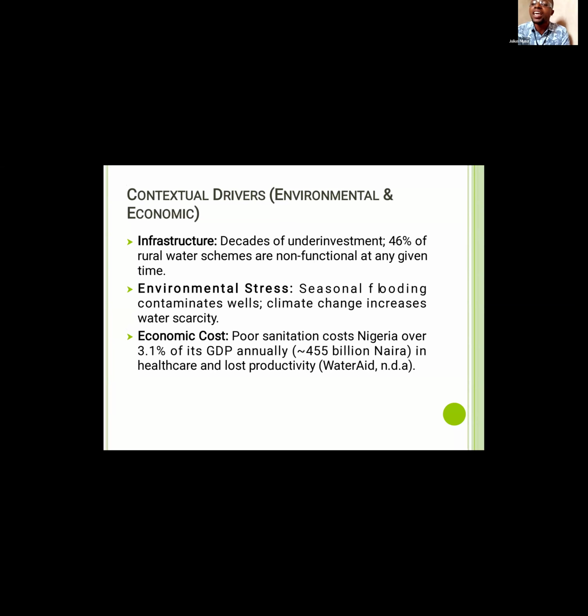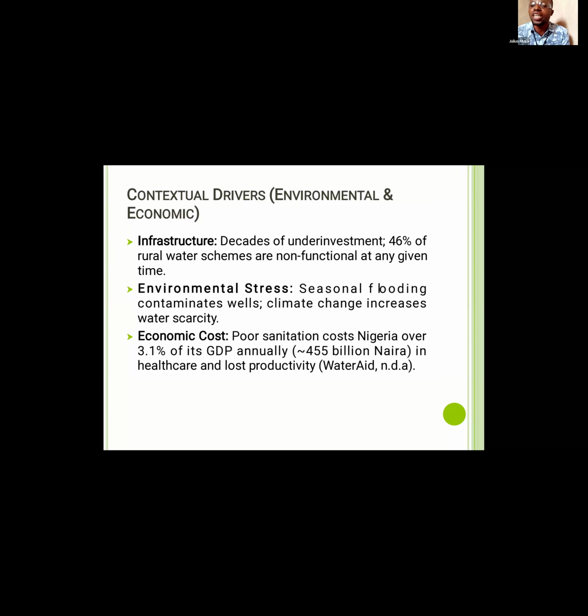You all agree with me. There are projects with regard to water, but about 46% of them are not functional due to several problems. It could be social problems, like giving it social support, and when there is no social support, then there is no essence in doing these projects. Then environmental stress: seasonal flooding, contaminated wells, climate change, and increased water scarcity.